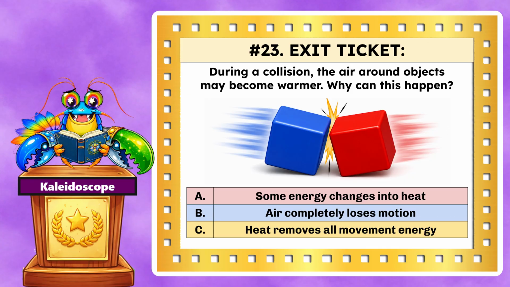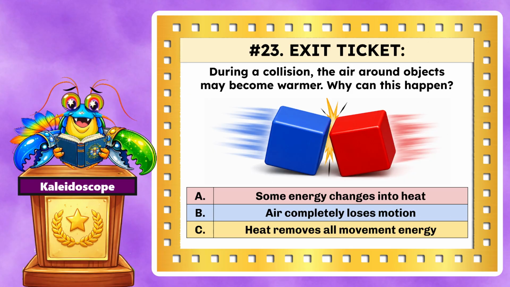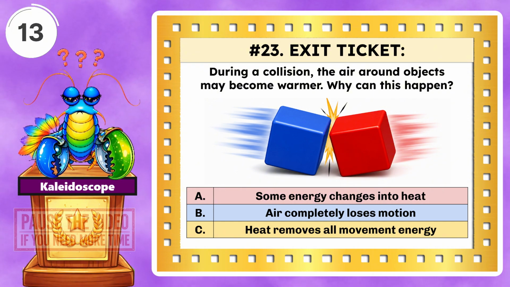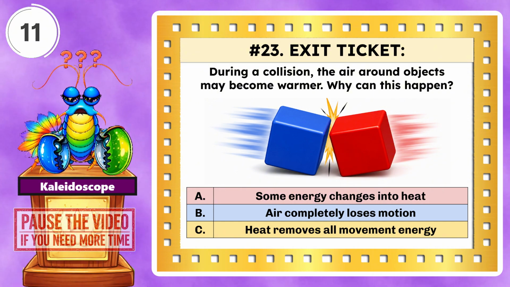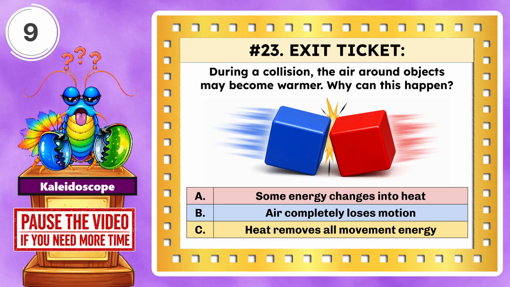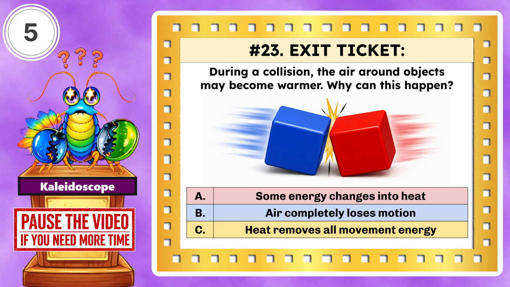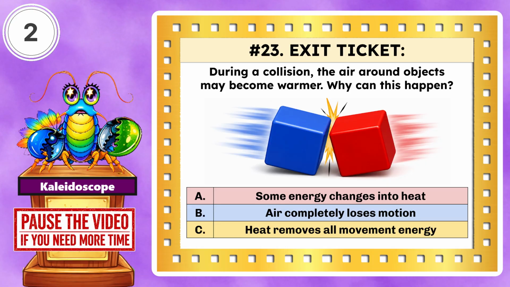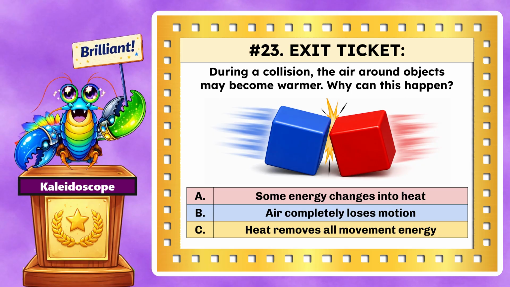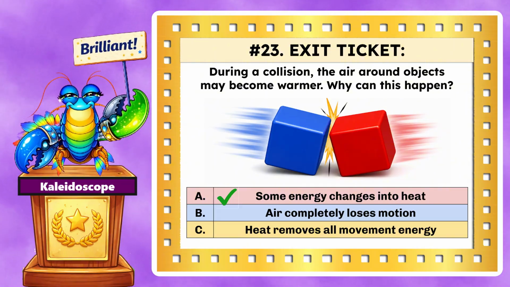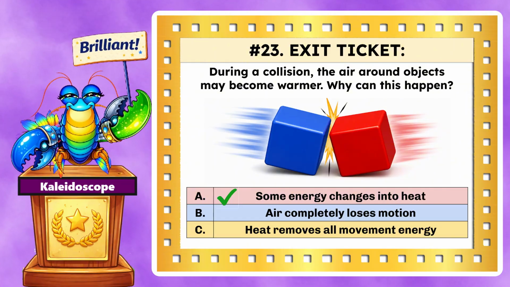During a collision, the air around objects may become warmer. Why can this happen? And the correct answer is letter A. Some energy changes into heat.